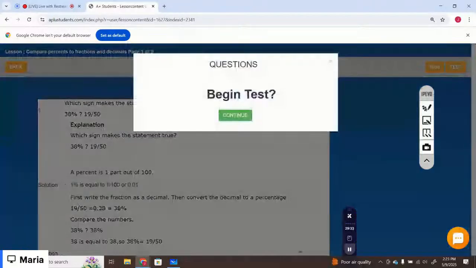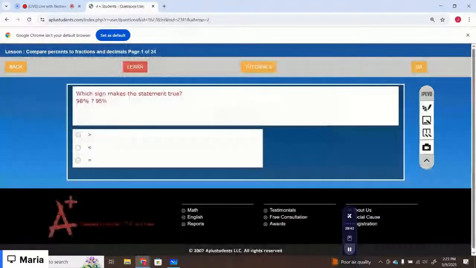Let's start with the test questions. Which sign makes the statement true? 98% and 95%.